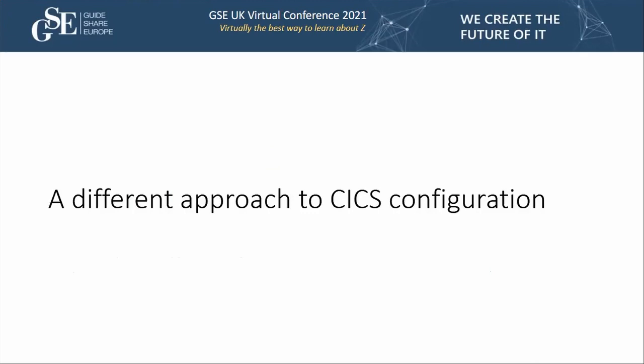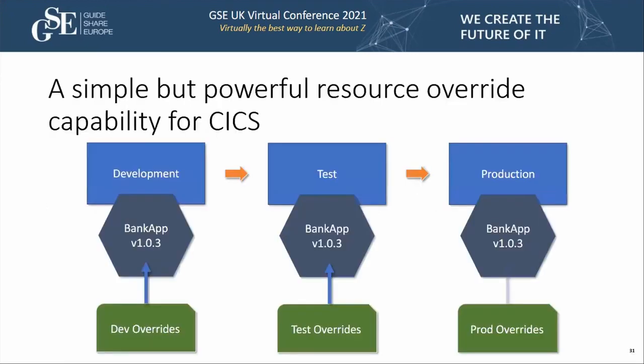So let's talk more generally now. We've talked a bit about the resource overrides capability, and I just want to help you understand what our thought process is here, and how you should apply this in tandem with other capabilities that we're working on at the moment. We're working on a few different things. The first thing, we've obviously got resource overrides.